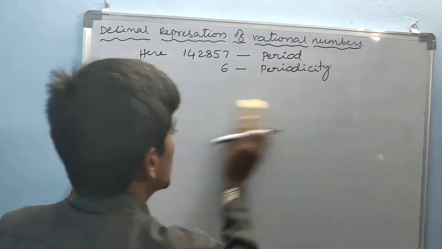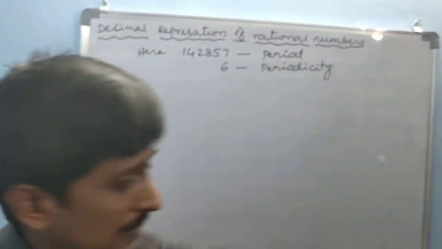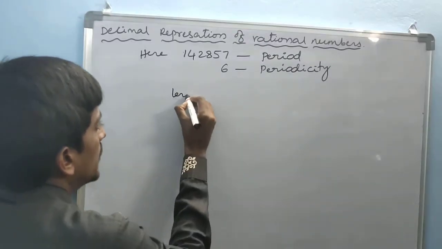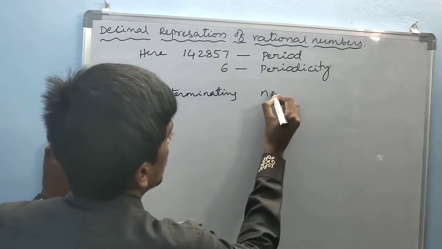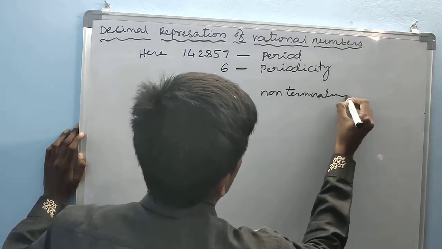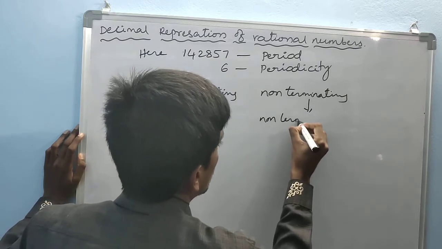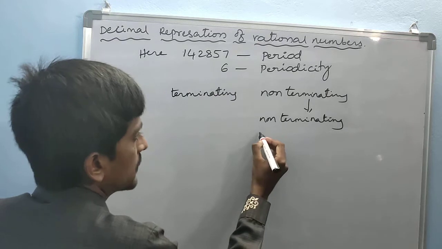Here, the decimals of rational numbers are of two types: one is terminating and another one is non-terminating. And non-terminating decimals are of two types.